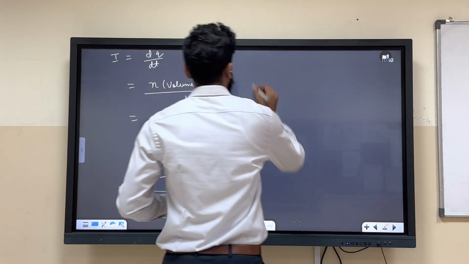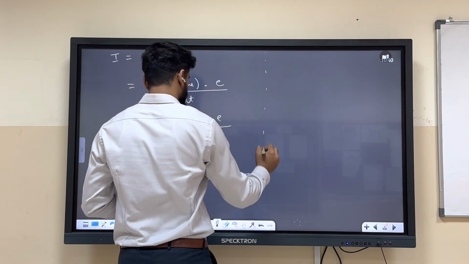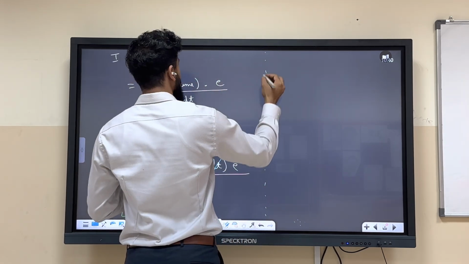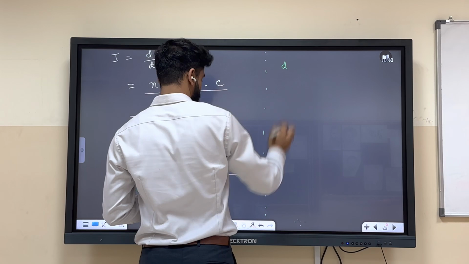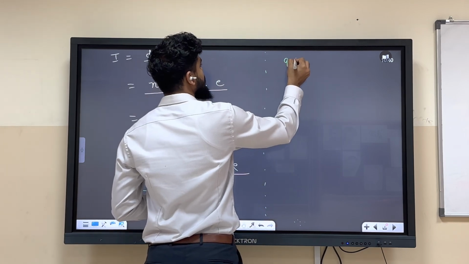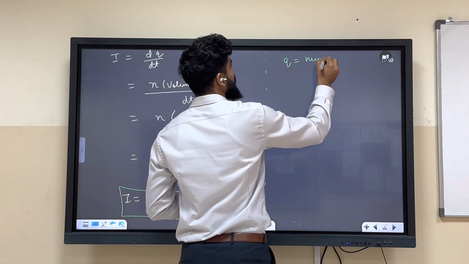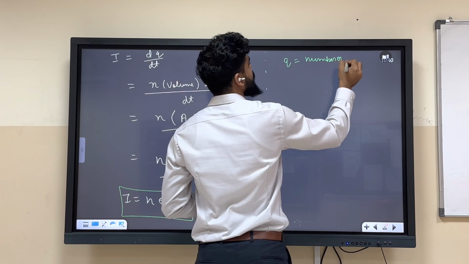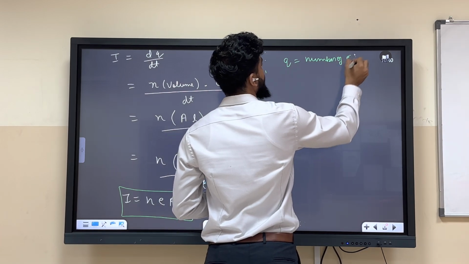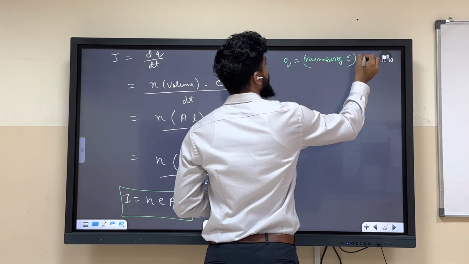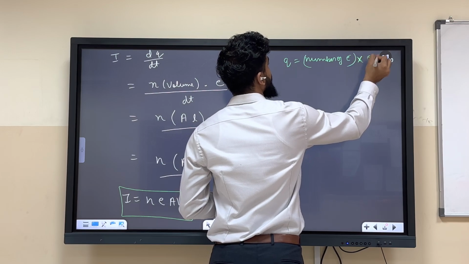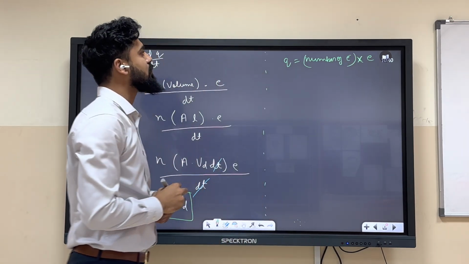Important point, just for your understanding: charge is nothing but the number of electrons into the electron charge.